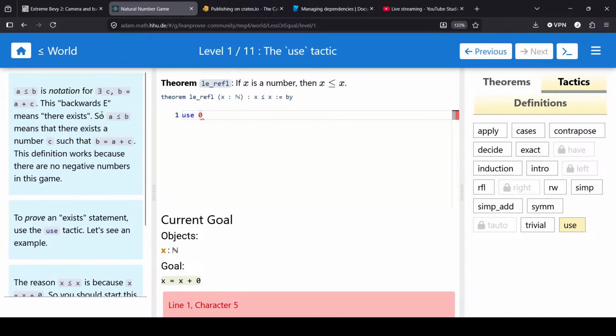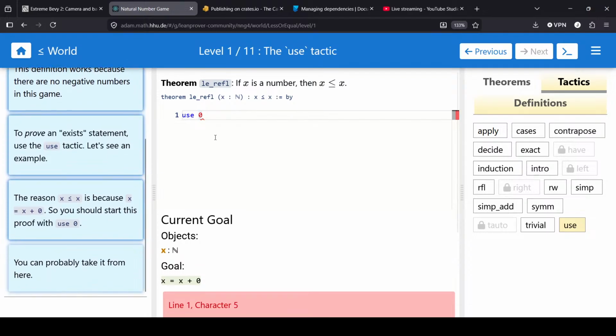Let me reread this. So why is that? B equals A plus C. Oh, but yeah, okay, I guess it would have to be some specific C added to A to equal B. But it could be 0 itself, because it's less than or equals, not strictly less than.